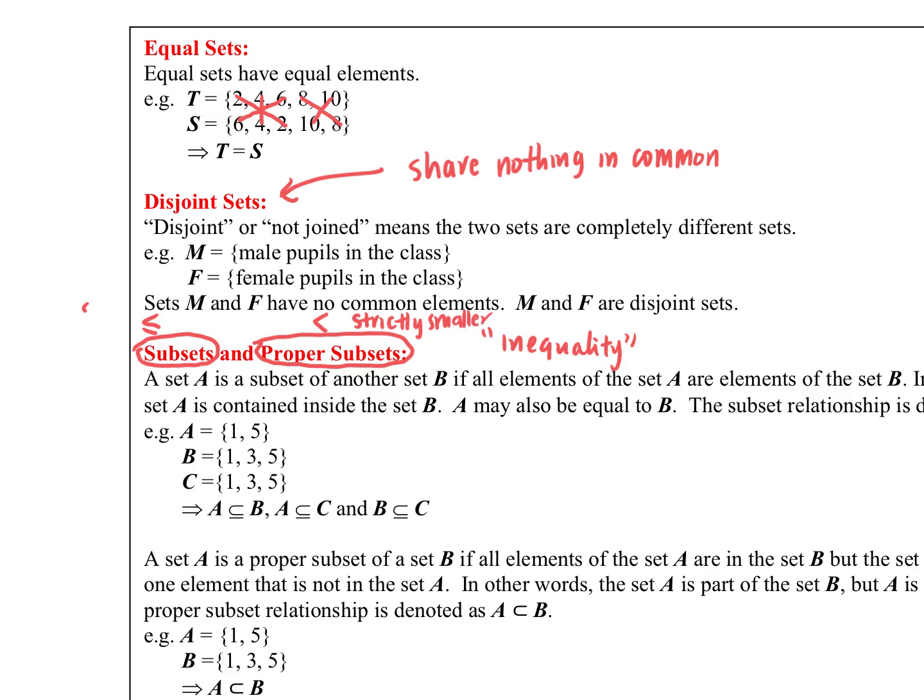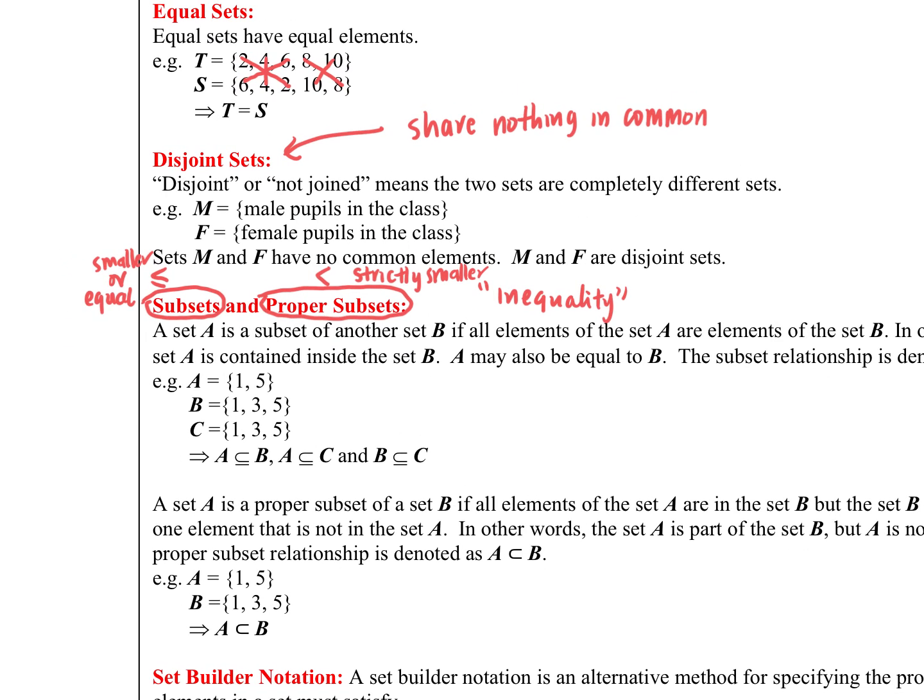So if something is a subset, it must be smaller or the same size. But if it's a proper subset, it must be strictly smaller. Just remember that.